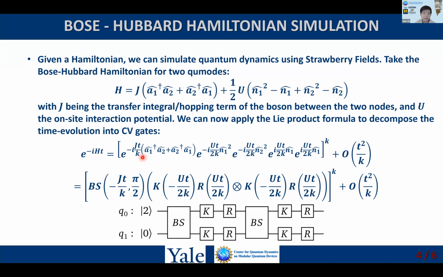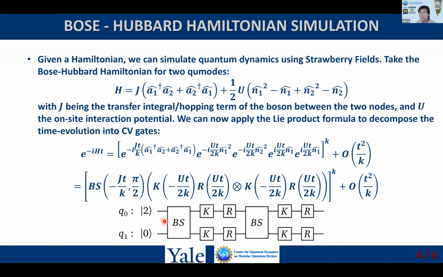So as you can see here, the first term corresponds to the beam splitter. The second and third terms correspond to the two Kerr gates over here. And now we have two modes instead of one mode, right? So here we are looking at this Bose-Hubbard Hamiltonian. From this characterized time evolution operator, we can build the corresponding circuit as such.